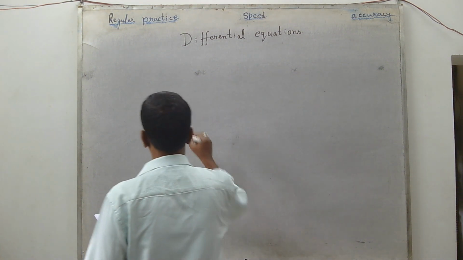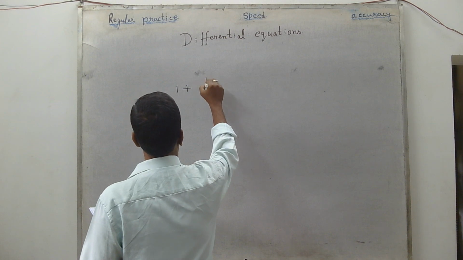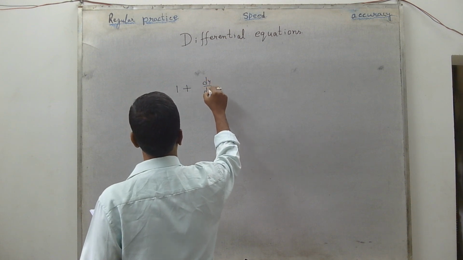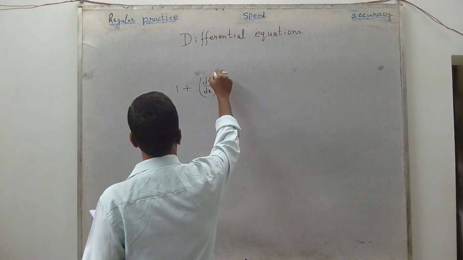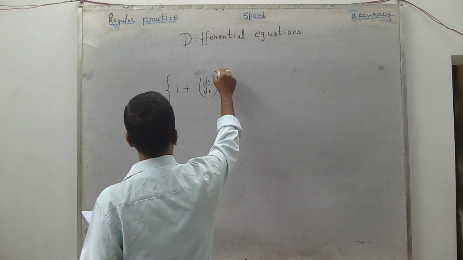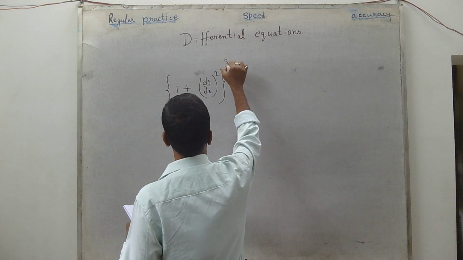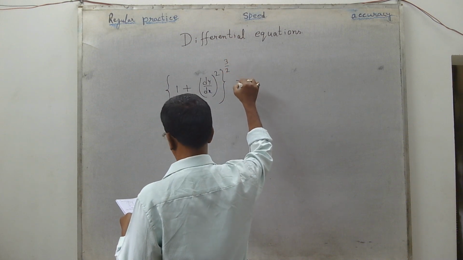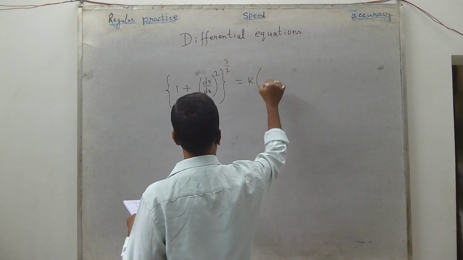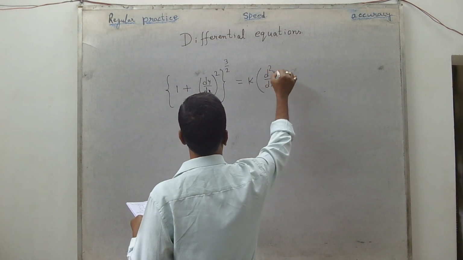Next is 1 plus dy by dx whole square, and this expression to the power 3 by 2 equals to k d square y by dx square.